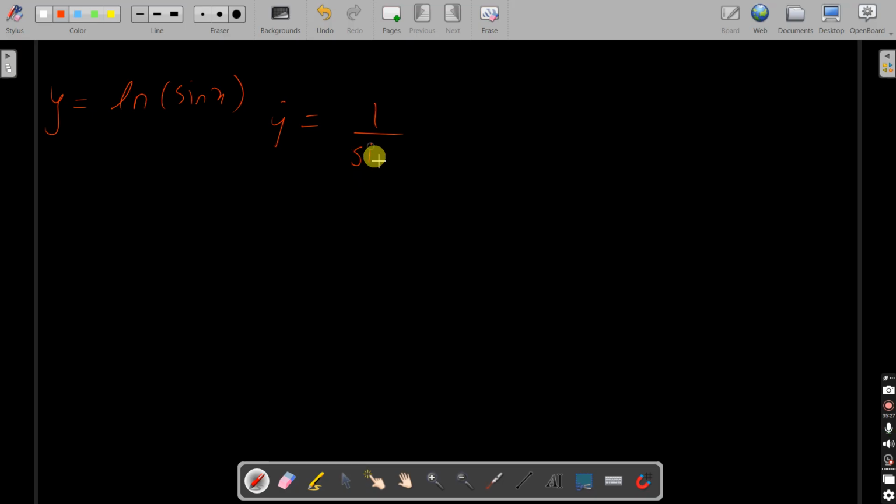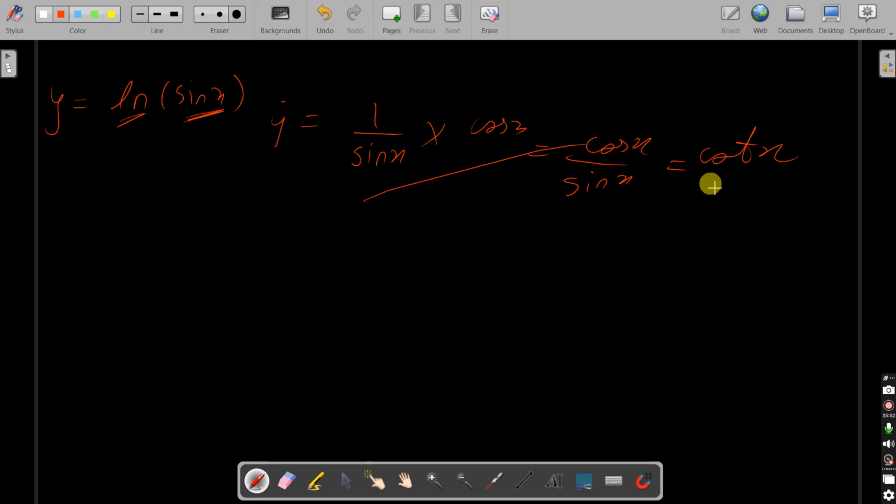So 1 upon sin x multiplied by cos x, because we have to differentiate first this, then this. So our answer is this. And write this as cos x upon sin x, which is cot x. You can keep this like this, or you can simplify it to get this.